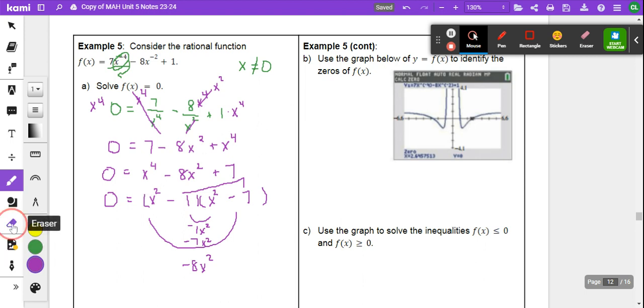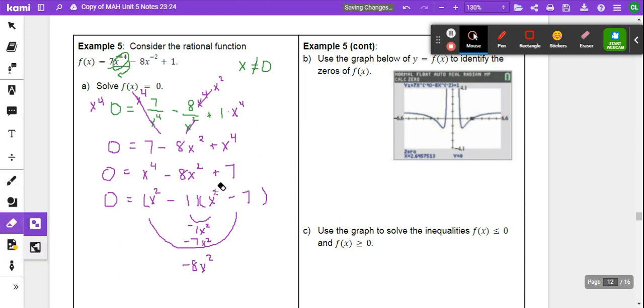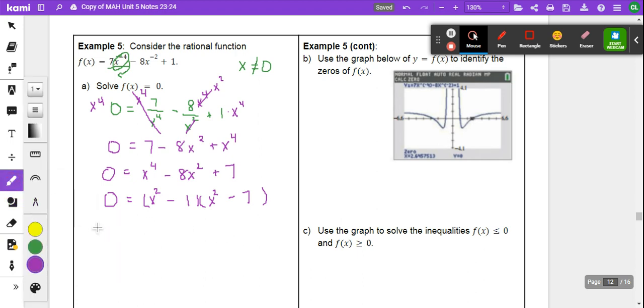So let me erase all of this. All right. Now we've got zero product property happening. And here you could factor or solve by adding 1, and I'm going to add 1.